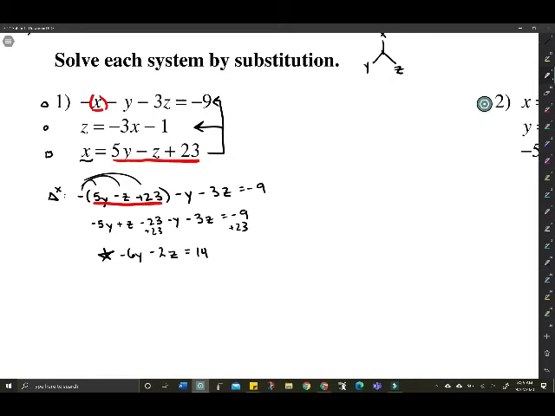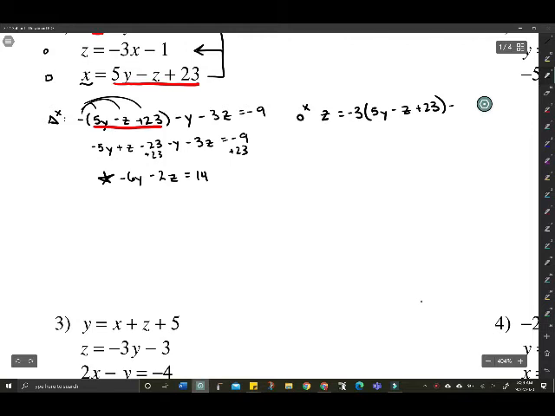And the other thing I need to do is, well, circle with x in it. Okay. So I took care of this first equation. And what I have here now is z, okay, is equal to negative 3 times 5y minus z plus 23 minus 1, okay, and then begin to simplify.